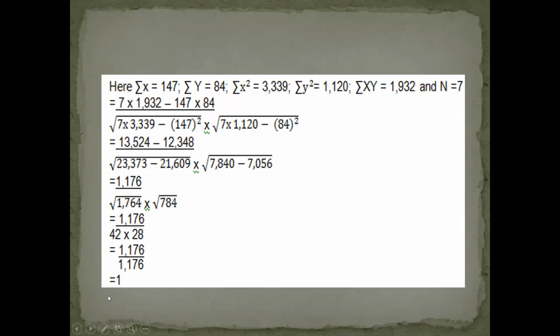So the coefficient of correlation is 1. The answer is the same whatever method we apply to calculate the Karl Pearson coefficient of correlation. It is plus 1, so there is perfect positive correlation between the variables x and y.